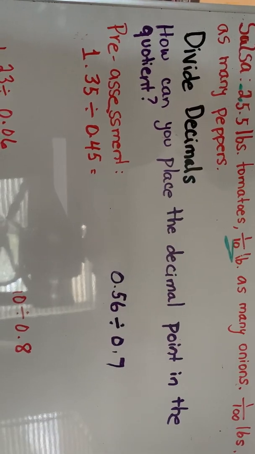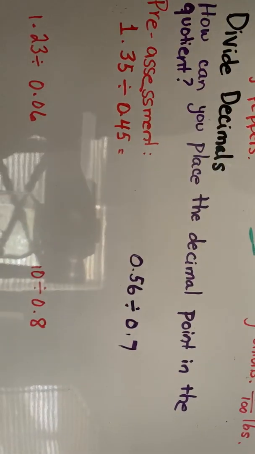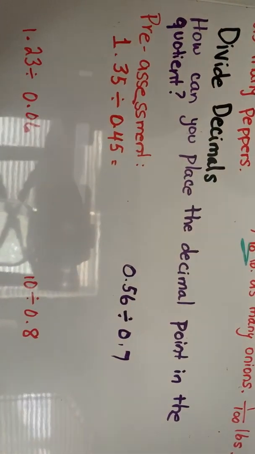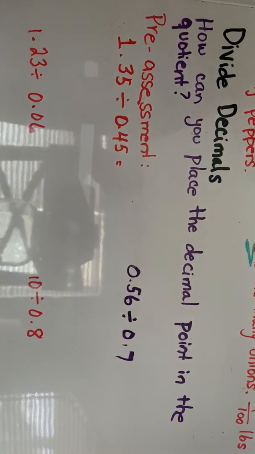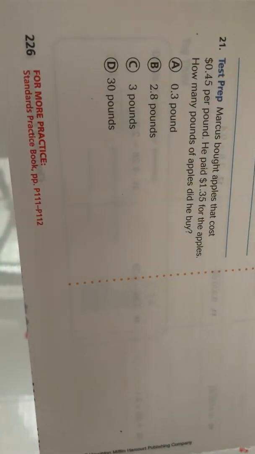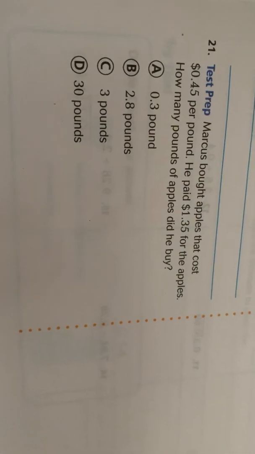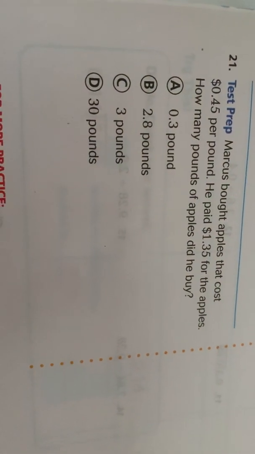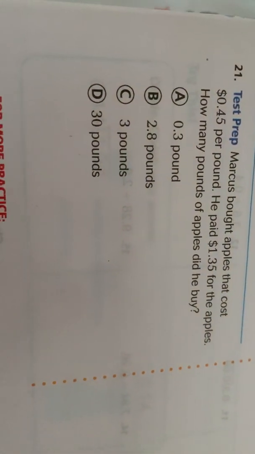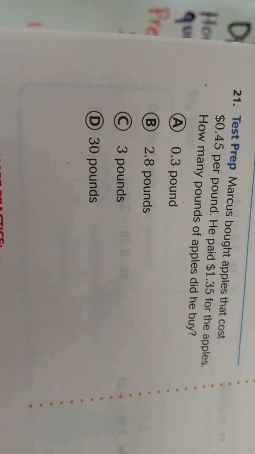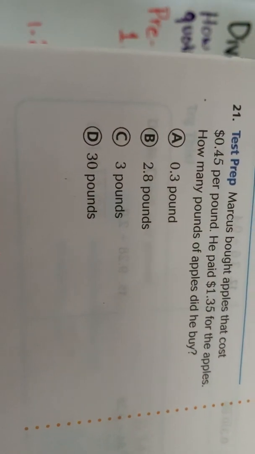Now let's look at decimals, okay? Let's look at this question, see if you can answer it by yourself, right here. Marcus bought apples that cost 45 cents per pound.